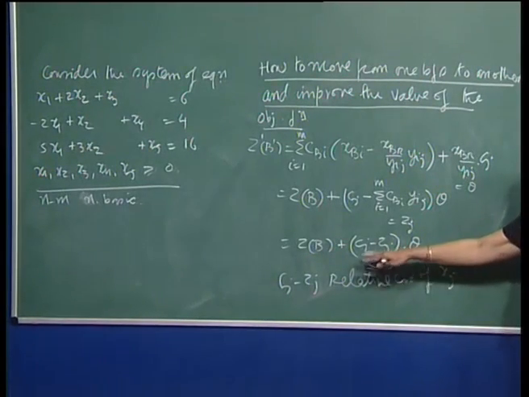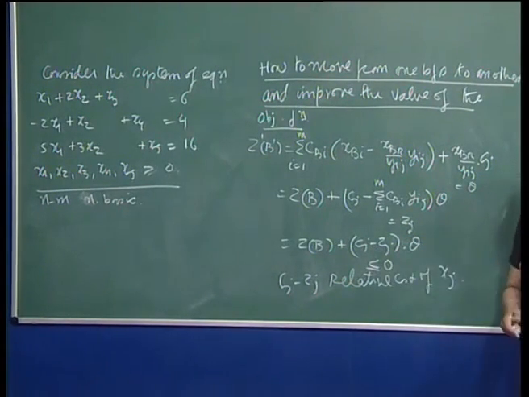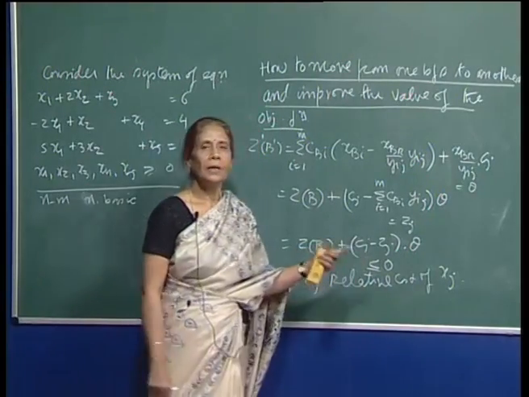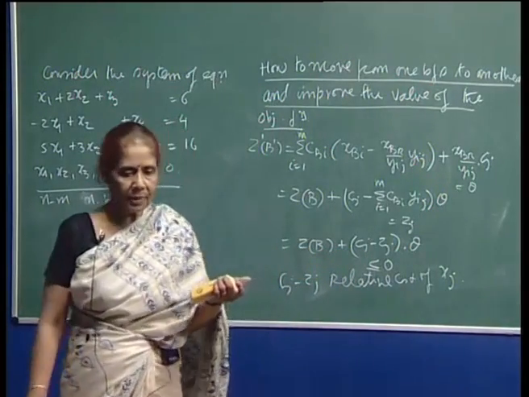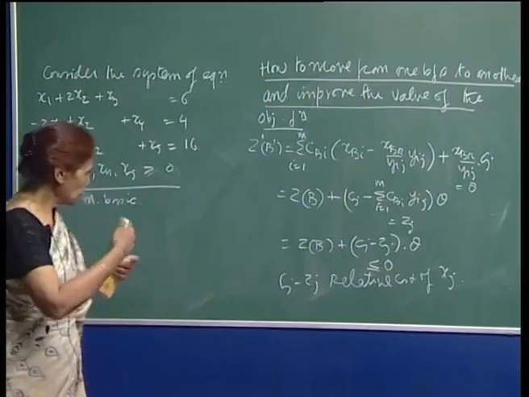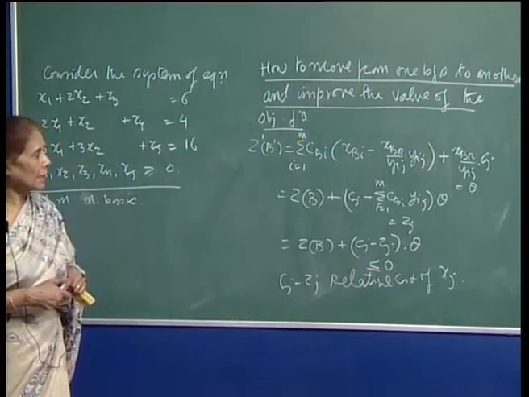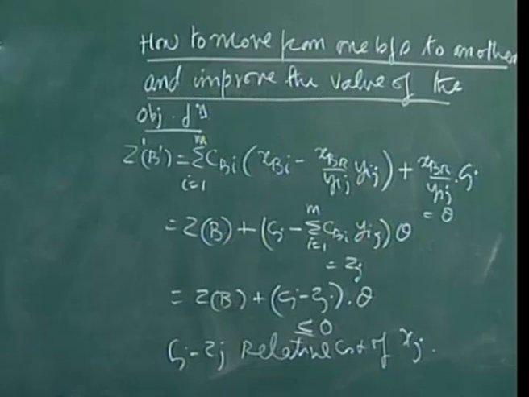So, if at a basic feasible solution the C j minus Z j's are all non negative, you will say that the current solution is optimal. And if you have some C j minus Z j's which are less than 0, then I will bring that column into the basis and then compute the new C j minus Z j's, check for optimality criteria, and proceed till I hit the optimality criteria.